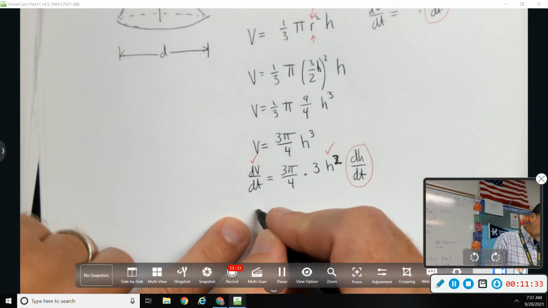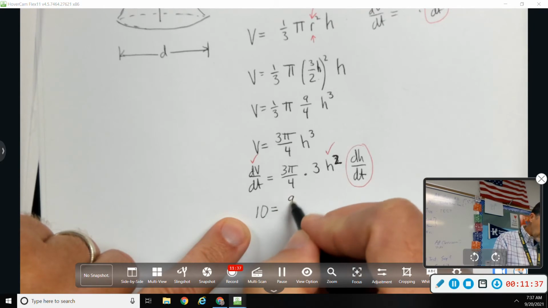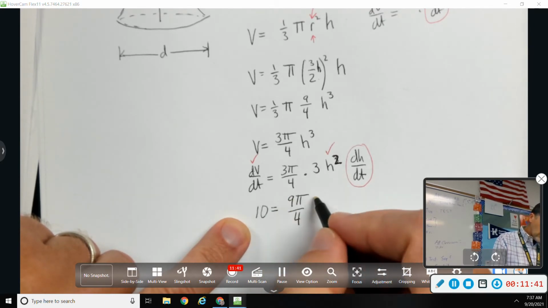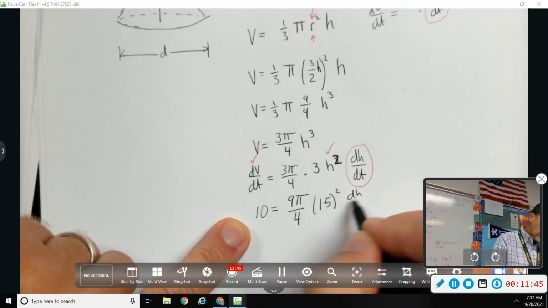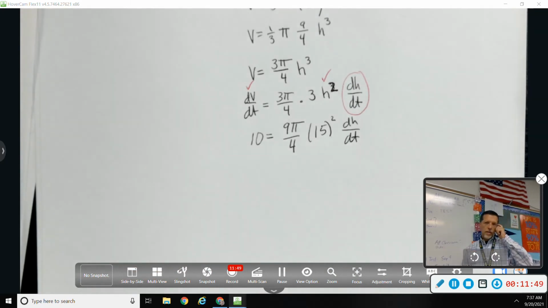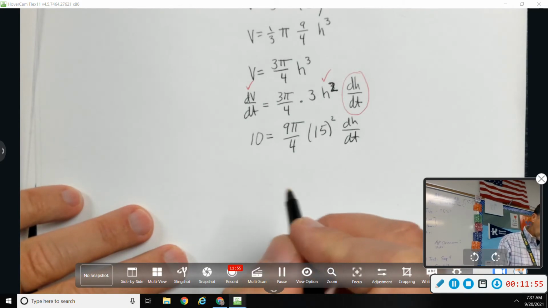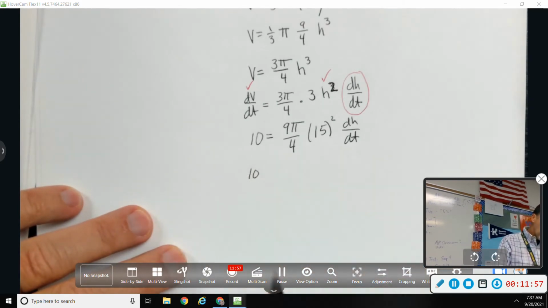So dv dt is 10. I sense a safe stop in our near future here. 9 pi over 4, 15 squared, dh dt. So let's see, how much can we do at once here? Wait, what is it, 9 times 4?